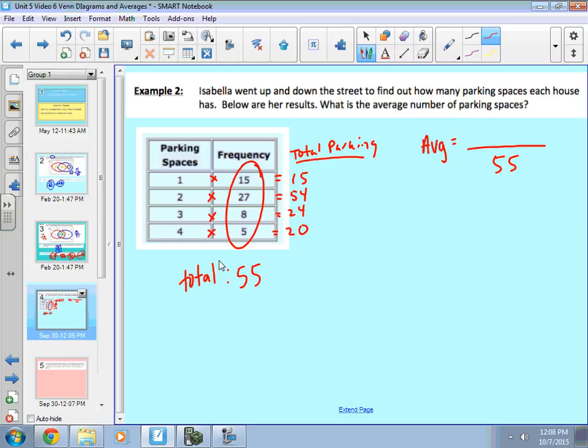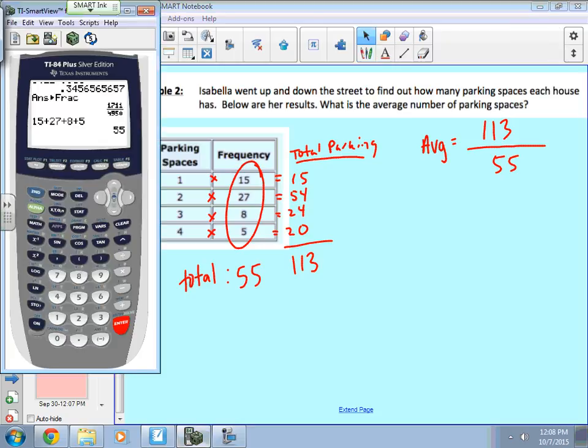So what we want to do is also now total up this number. What do all these add up to? If we add all these up, we should get 113. So there's 113 parking spaces. Okay, it occurred 55 times. So what's the average number of parking spaces? Well, now we would divide these out and we would get the average.